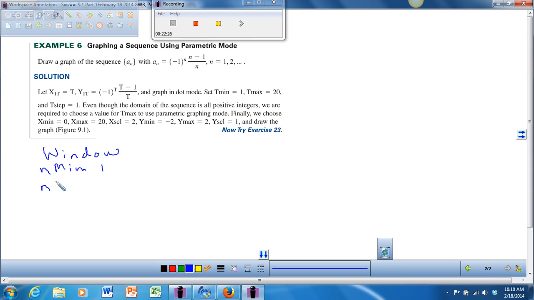And how many terms do we want? N max, let's say we want 10 of them, 1 through 10. Then you have plot start and plot step. Both of those can stay at 1.